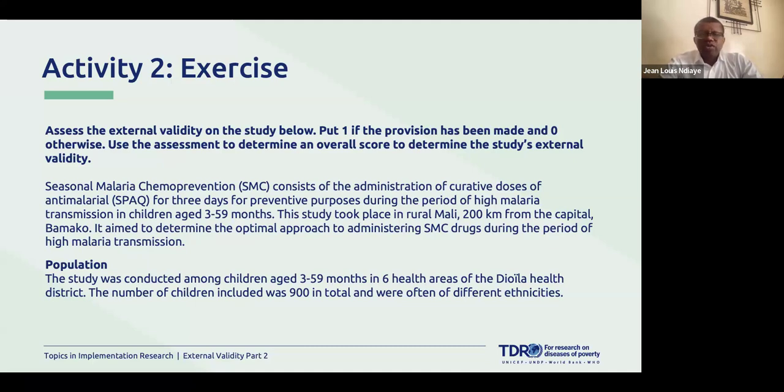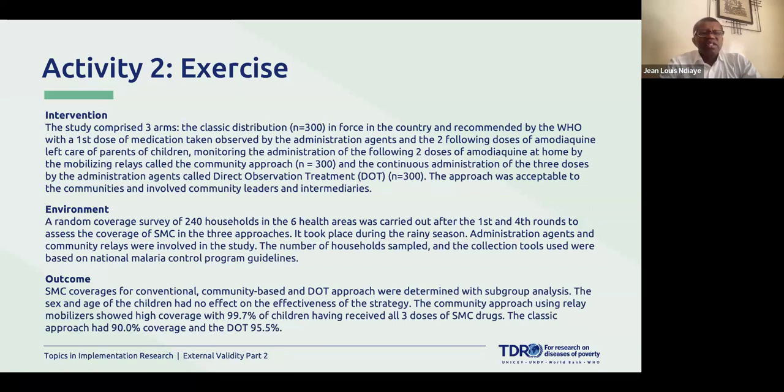The number of children included was 900 in total, of different ethnicities. This is how the intervention has been described. The environment was 240 households in 6 health areas, and the outcomes are the following.